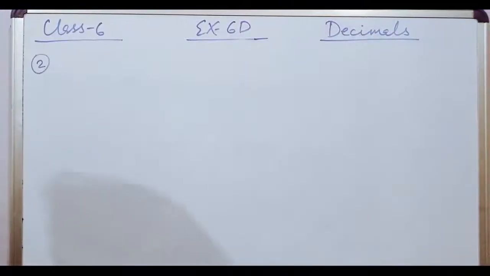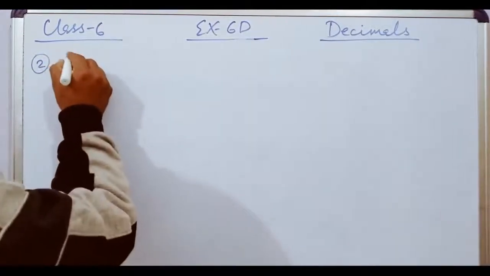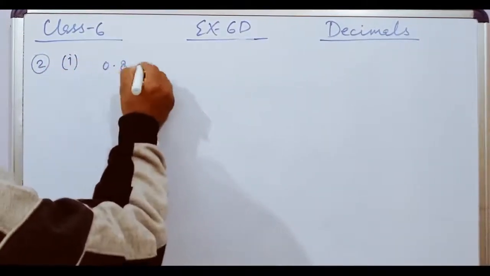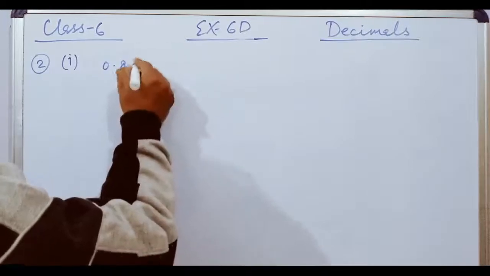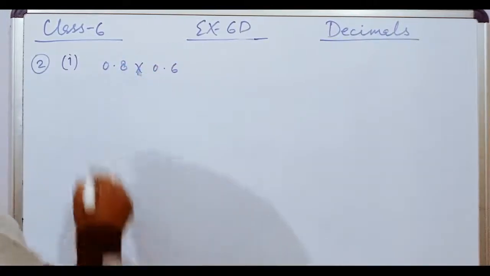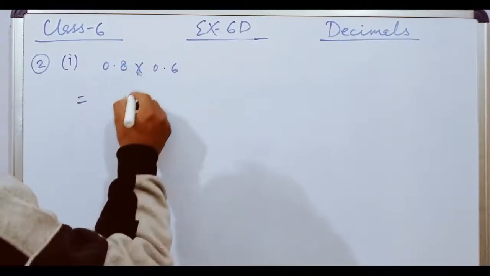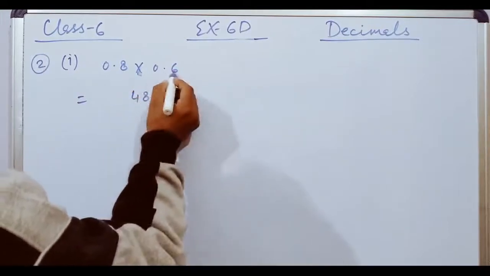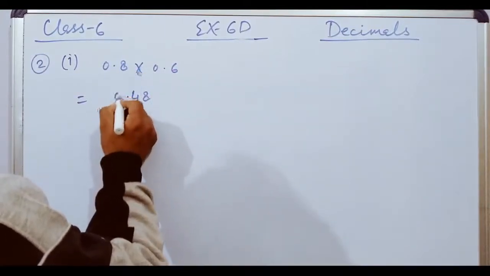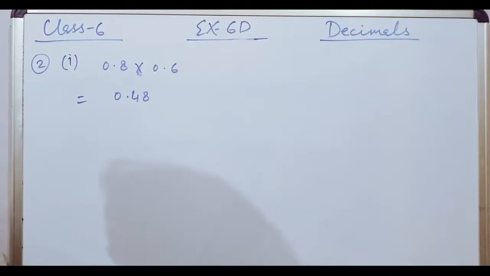Question number 2. First part, 0.8 into 0.6. See, 8 sixes are 48. 1, 2. After 2 digits on the left side we will put the decimal. Okay, dear student.